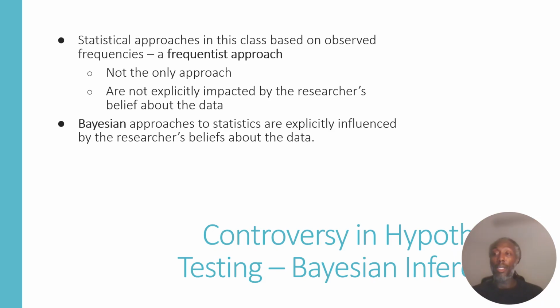What do I mean by beliefs about the data? Well, I did mention before that when we sample, we get an imperfect picture of the population. If you have some reason to believe the population is different, let's say if we think about coins, if I think that a particular coin that I have has come from a population of coins that are biased, right, so that they tend to land on heads more than tails, then I expect a different set of results from a series of coin flips, right?